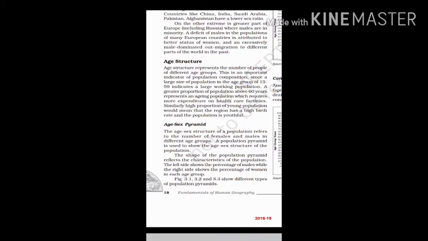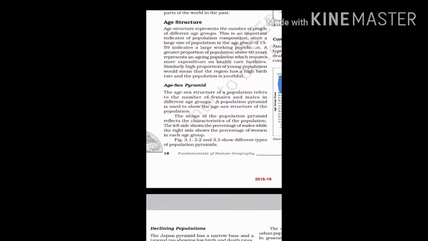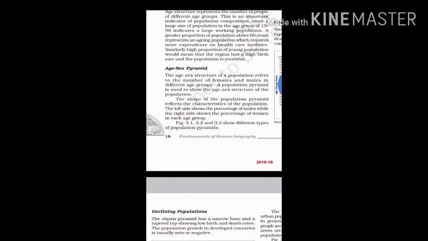And the third point is that if we see a high proportion of young population in the age structure, that means that region has high birth rate and the population is youthful. Understood? If not, you are free to comment on my comment section.